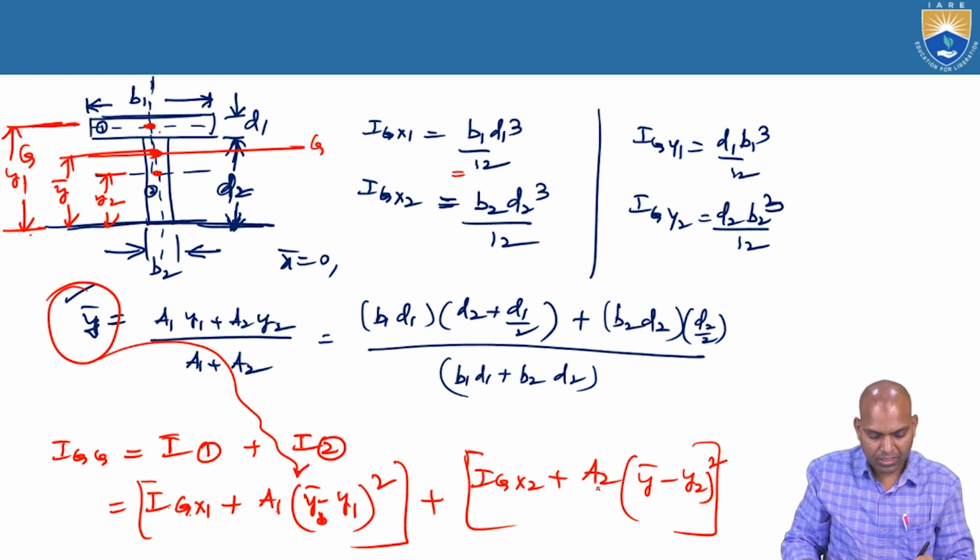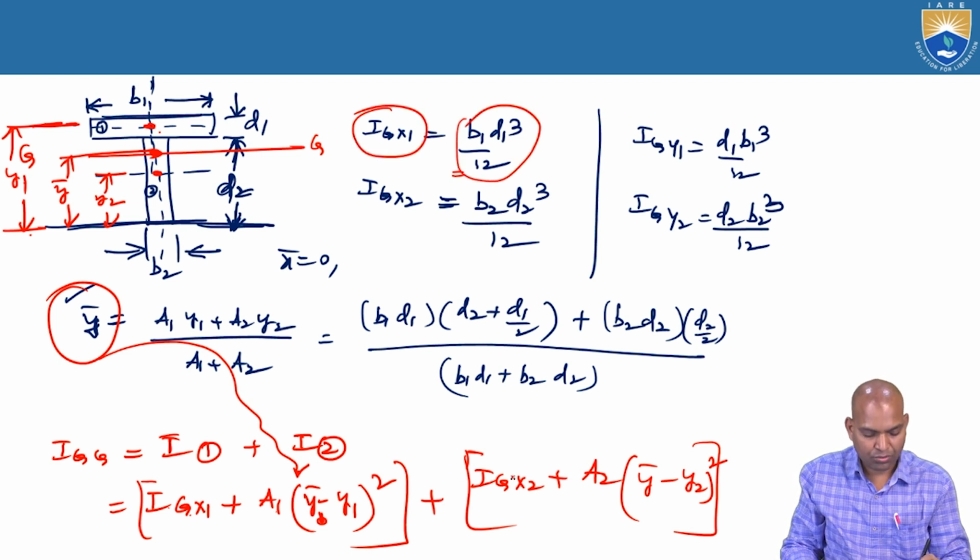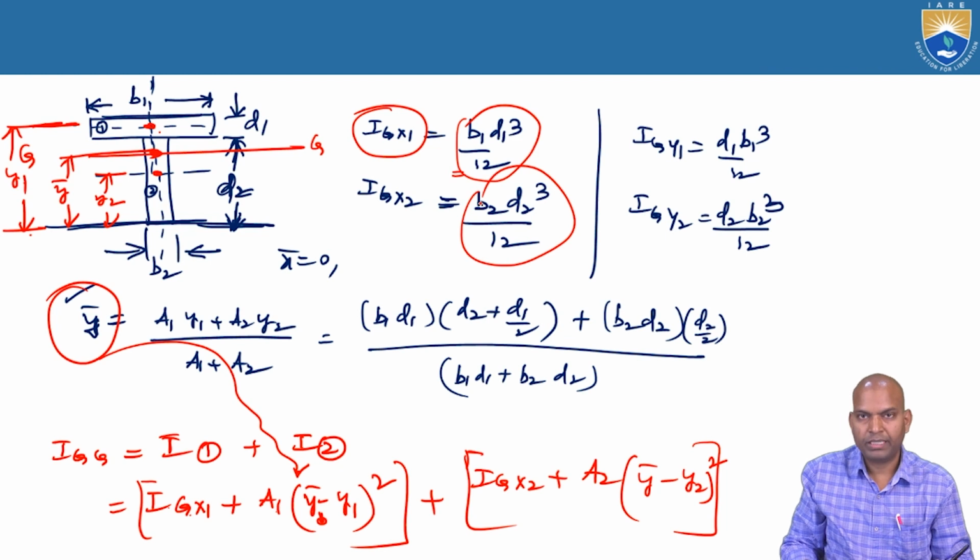IG x1 is b1 d1 cube by 12. What about IG x2? That is b2 d2 cube by 12, plus b2 d2 times bar y minus y2 whole square.